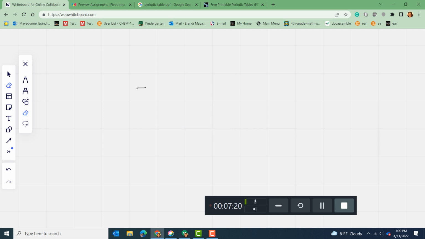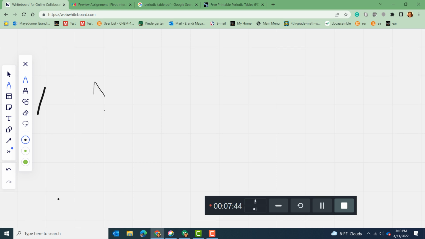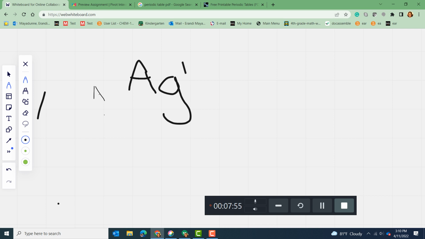Silver nitrate, molar mass of silver nitrate, with the pen. Okay. So O3.